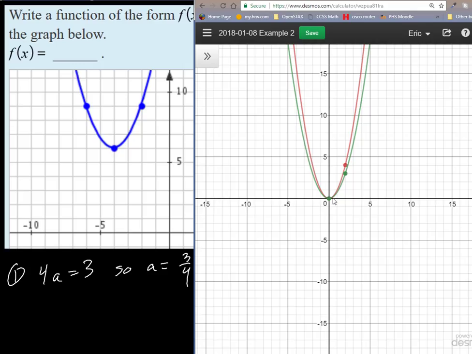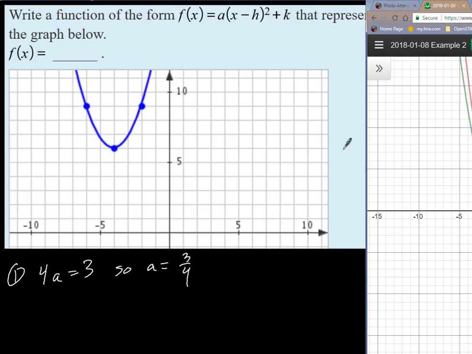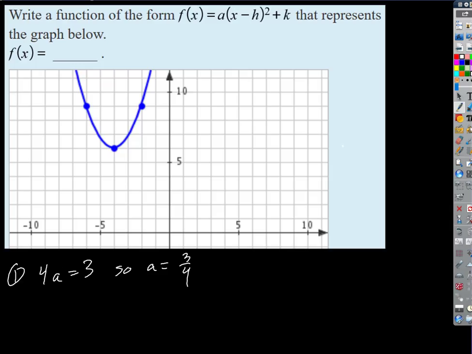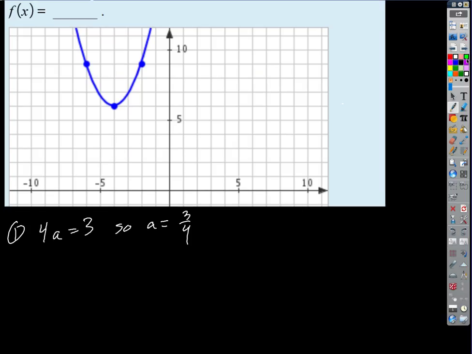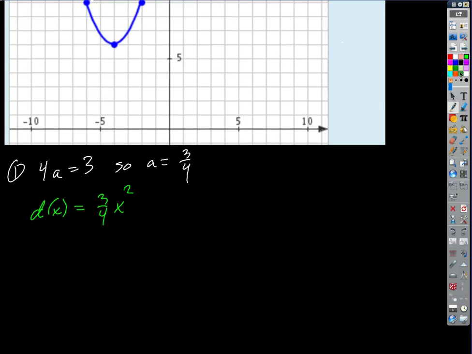So step 2. What do we end up with for step 1? We better finish that part. At the end of step 1, we got d of x equals 3/4 times our parent graph, x squared. But now we need this thing for step 2.